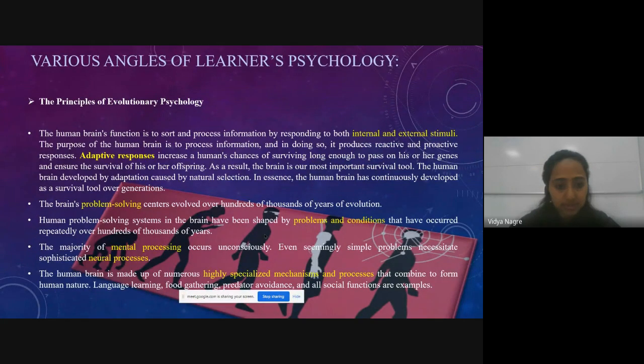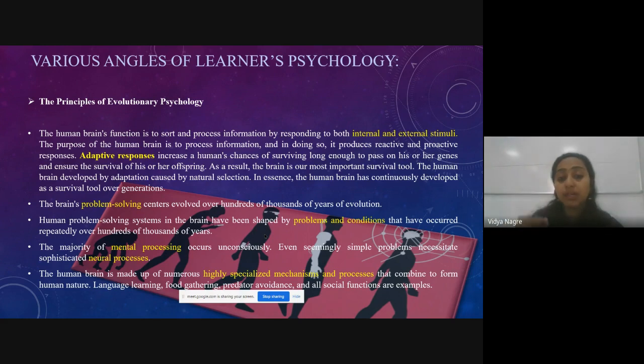Adaptive responses increase a human's chances of surviving long enough to pass on his or her genes and ensure the survival of his or her offspring. So adaptation is a natural reaction of the brain. The human brain is made in such a way that it is very adaptive to the kind of situation it is put in.